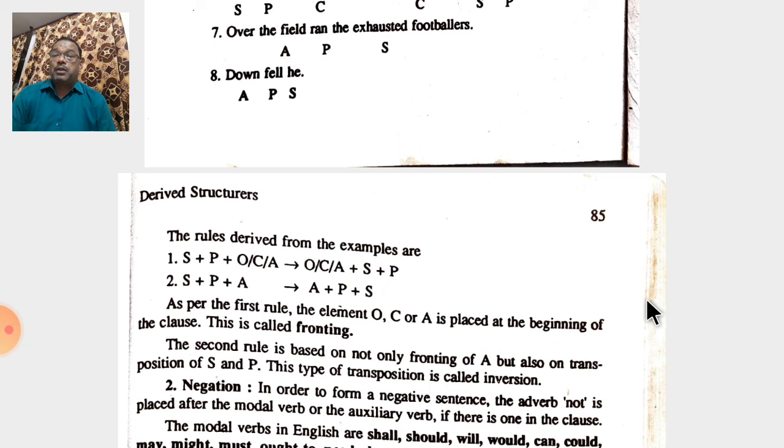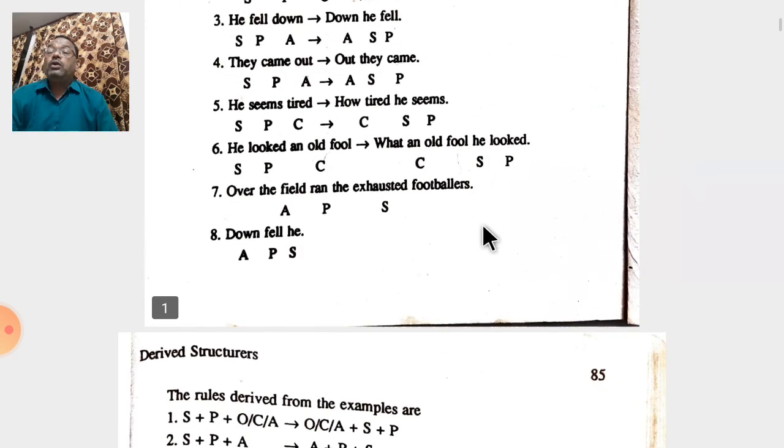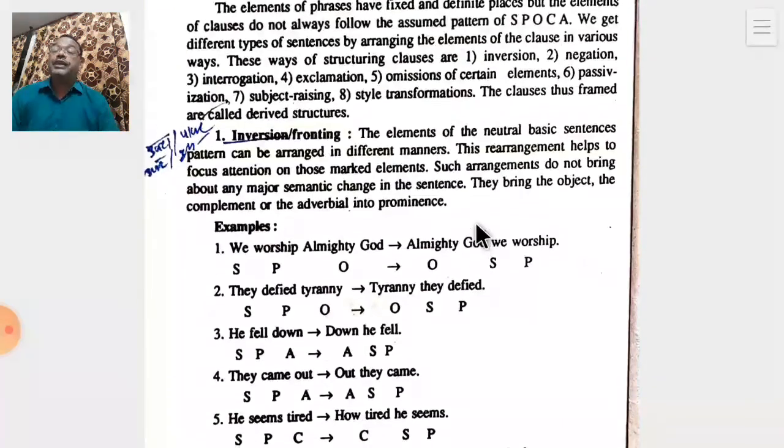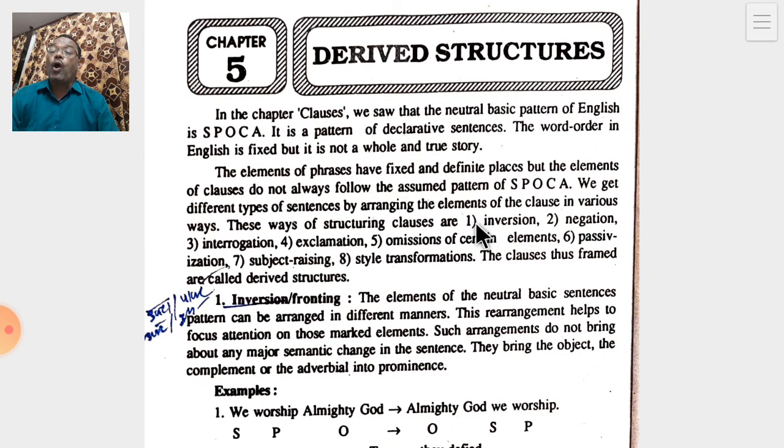In derived structures, the sentences are derived by changing the order as inversion or fronting, but without changing the meaning of the sentence.